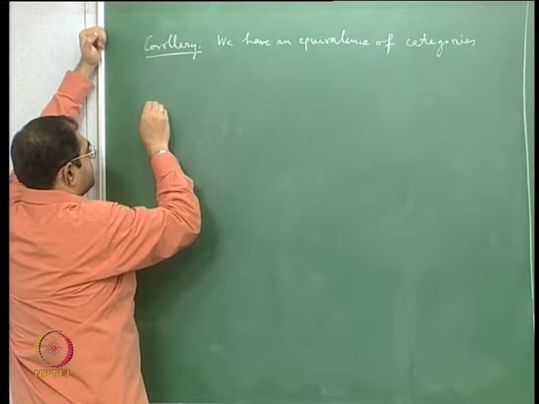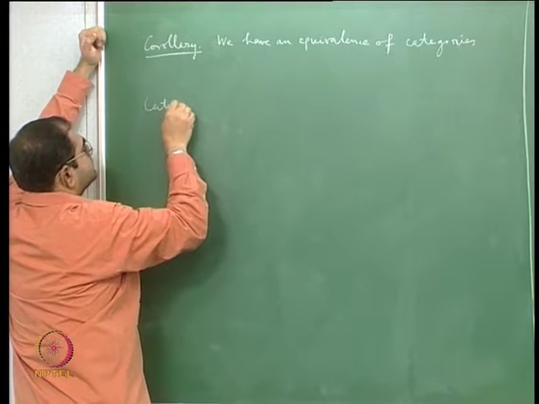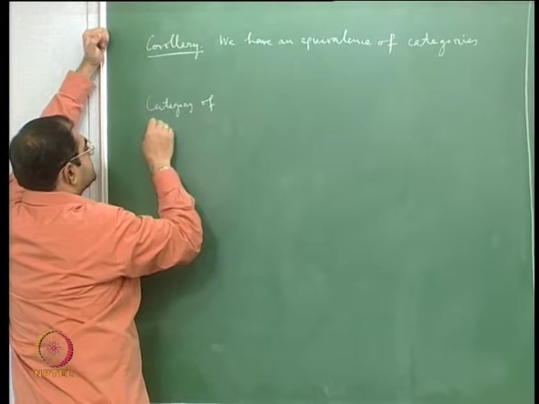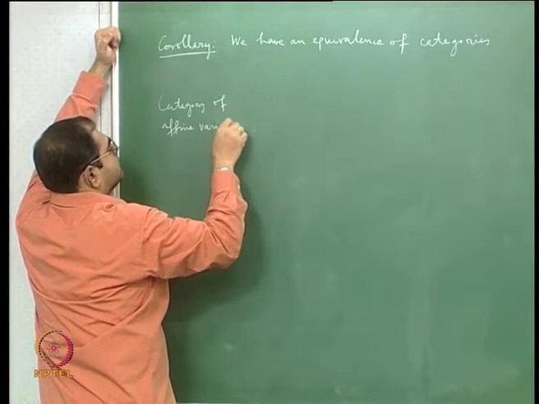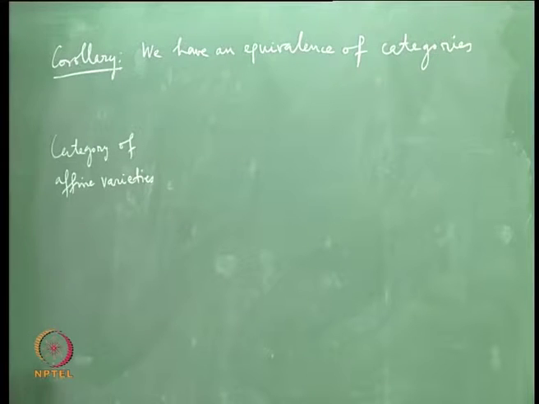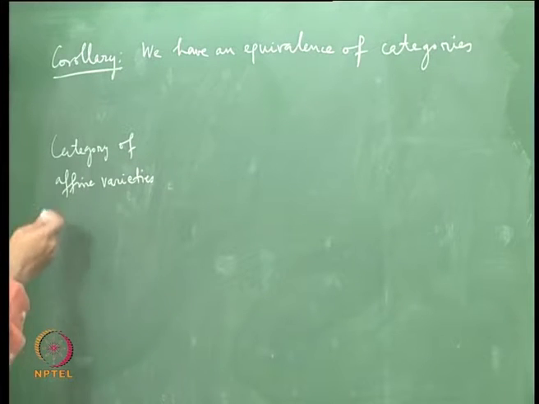On this side we have a category of affine varieties. These are the objects, and when I say category of affine varieties, it means that the objects are affine varieties and the morphisms are morphisms of varieties.